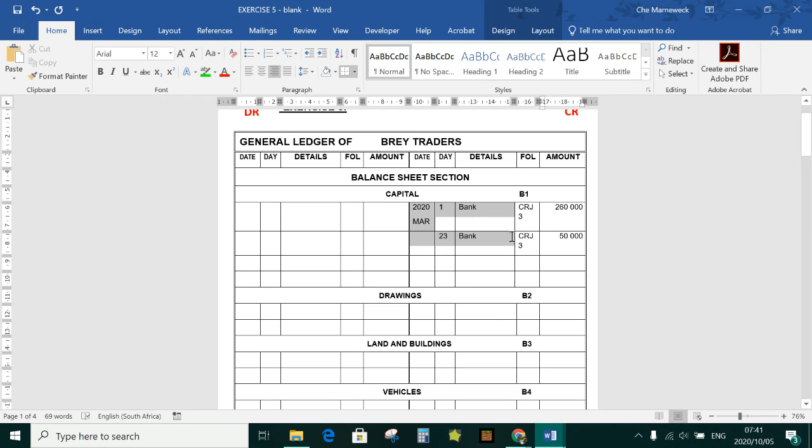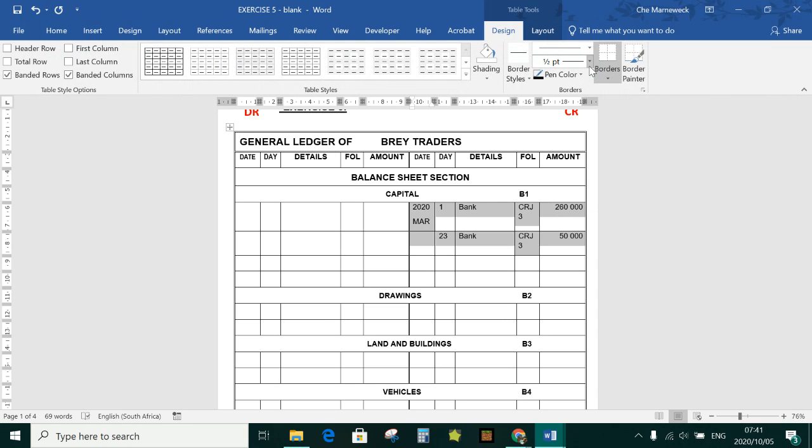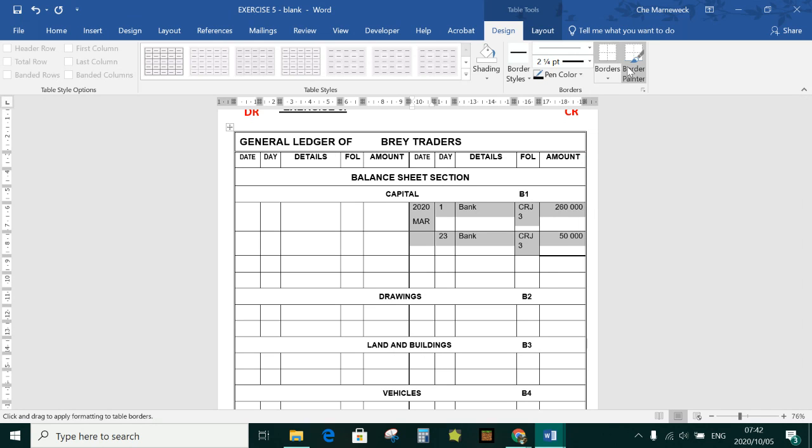Whenever we have two lines of information on the same side, we take out our ruler, we get our pencil, we total just one line, we add up two values, and we should get 310,000.